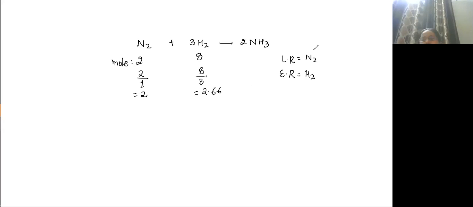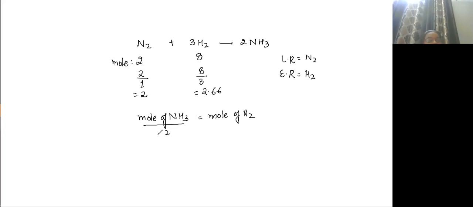Yes, class. LR is N2, ER is H2. Now moles of NH3 by 2 is equal to moles of N2. We can use N2 only to calculate NH3 because N2 is LR.